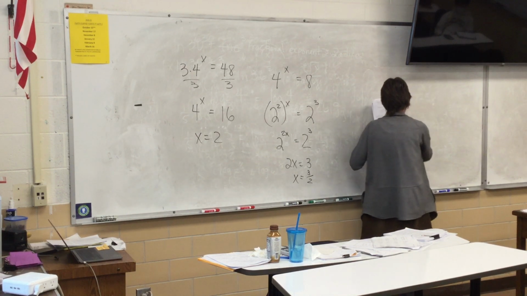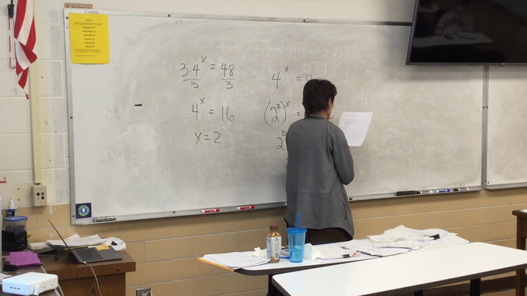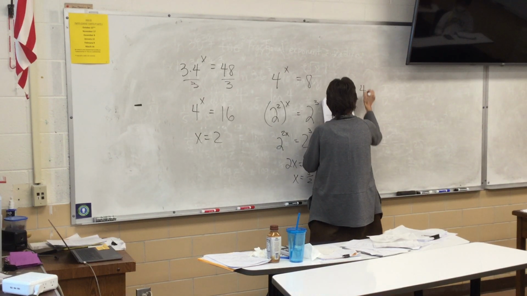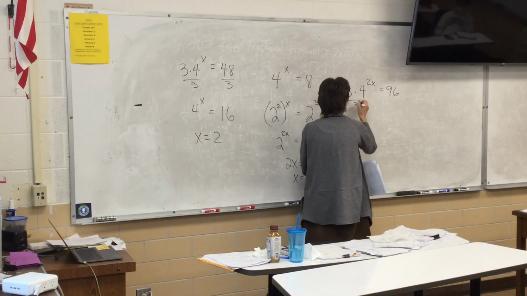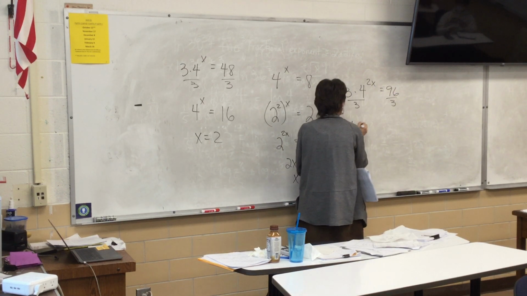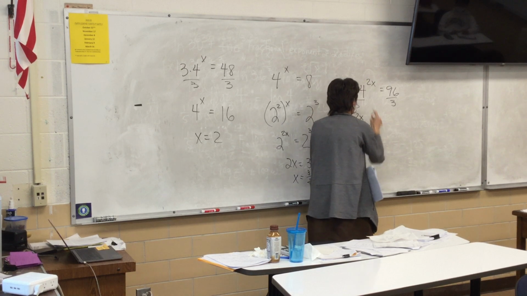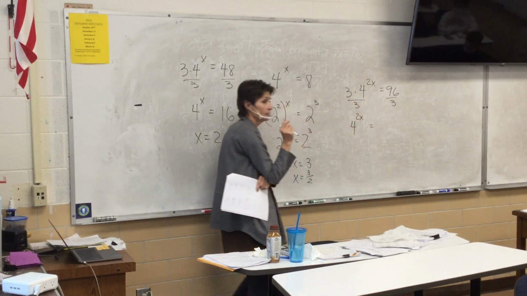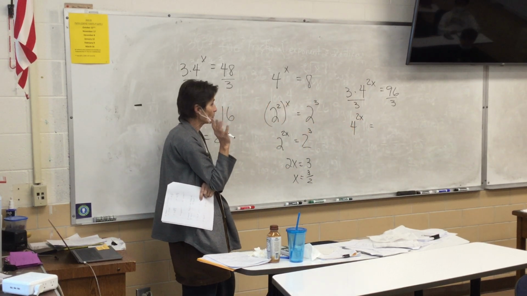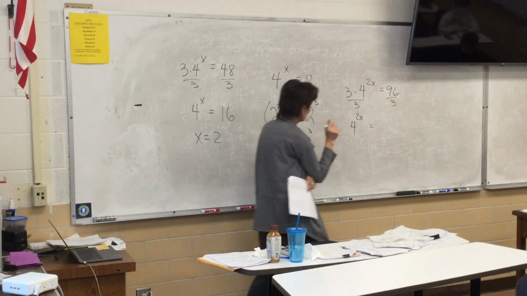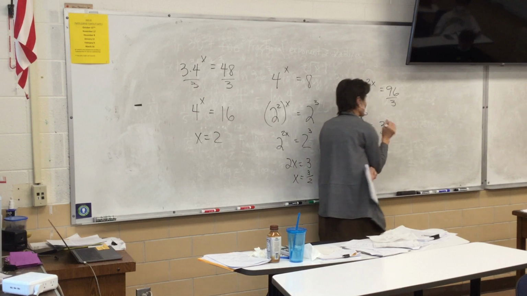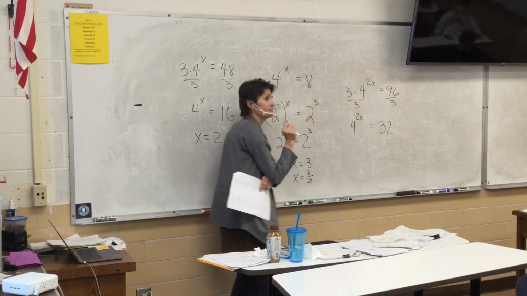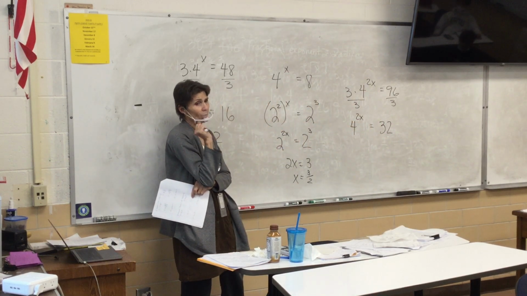Step 1: divide by 3. So 4 to the 2x, don't let the 2x bother you. Whatever the exponent is, that's what it is. What is that? 32. Now again, 4 to a power is not 32.